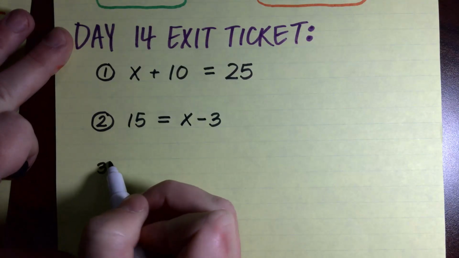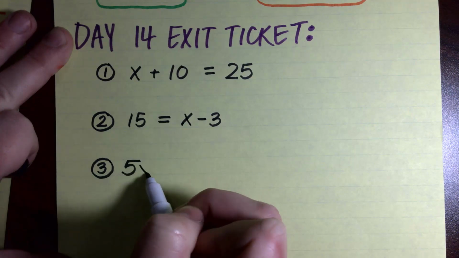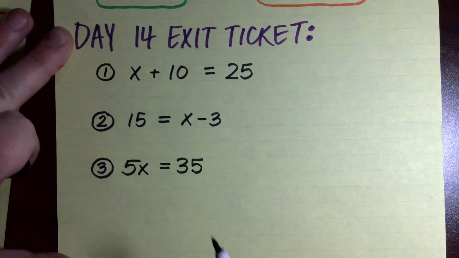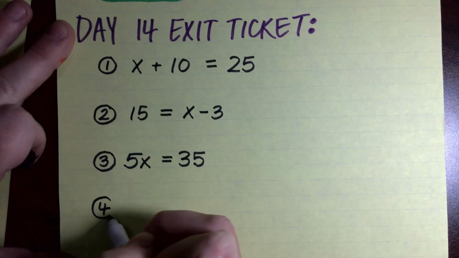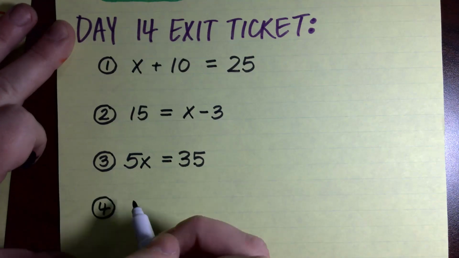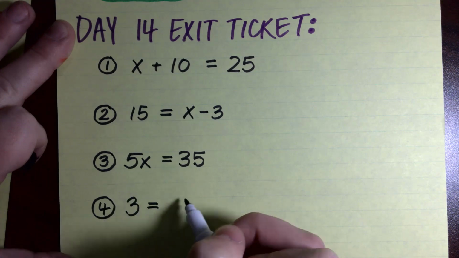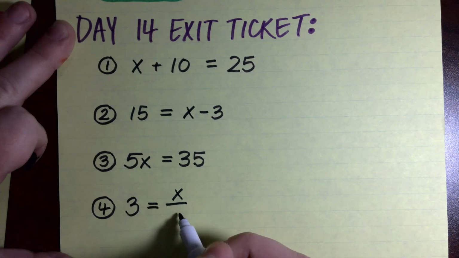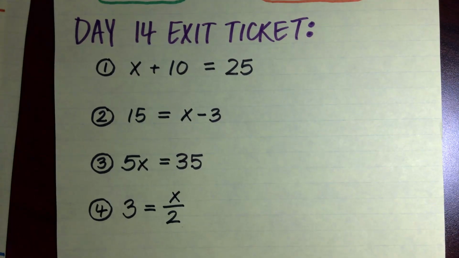For number 3, we'll do 5x equals 35. And number 4, let's do 3 equals x divided by 2. Okay. Those are your 4 questions for your exit ticket today.